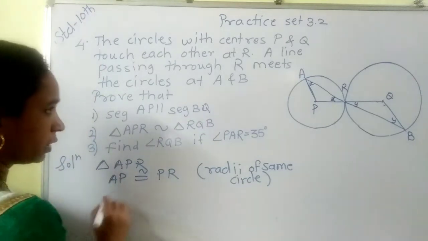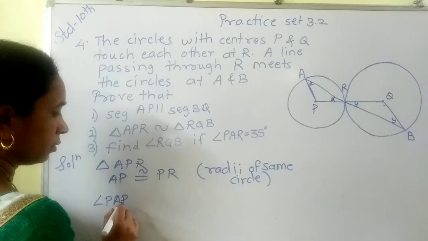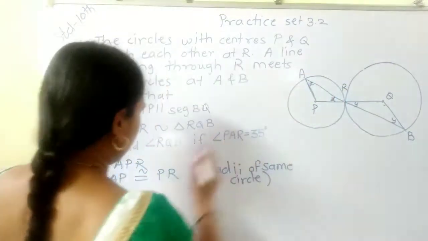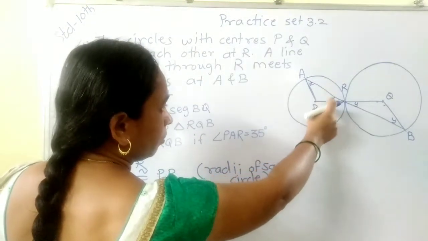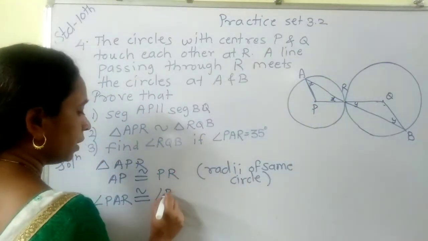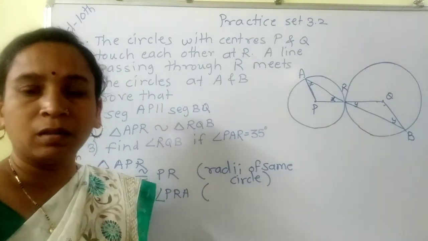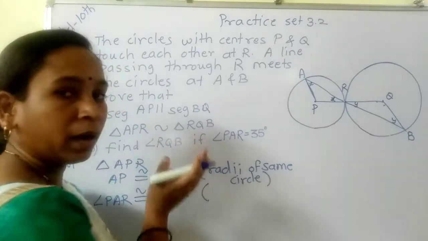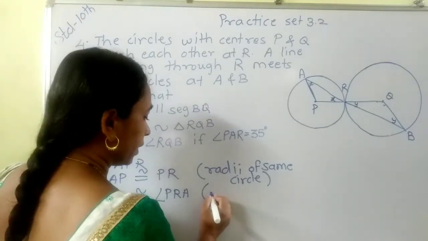If it is congruent, their base angles, angle PAR is congruent with angle PRA. Either you can write isosceles triangle or you can write angles opposite to congruent sides are congruent. Both the reasons are applicable.